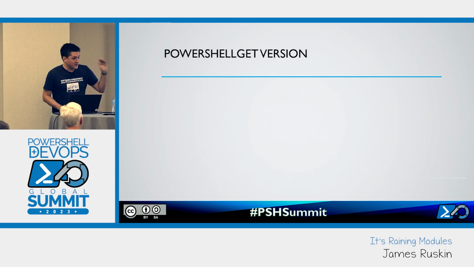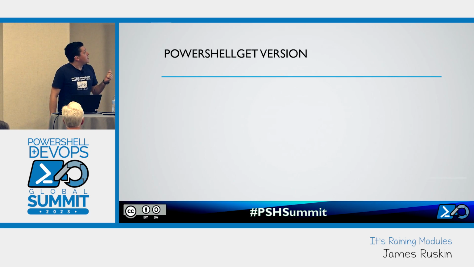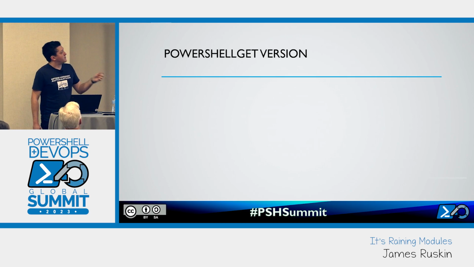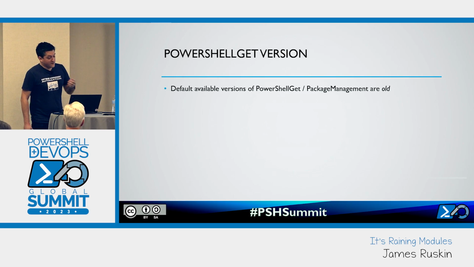So just to go back to that, because I did mention that PowerShellGet is potentially an issue. We've already mentioned that it's problematic in that you have to run a beta version to use NuGet v3. So why else might we want to ignore that in the previous slide? It's simply because the older version that is available in Windows by default is really quite old.